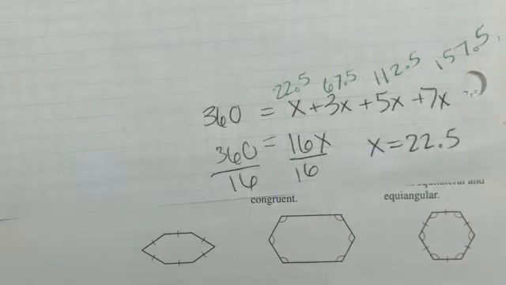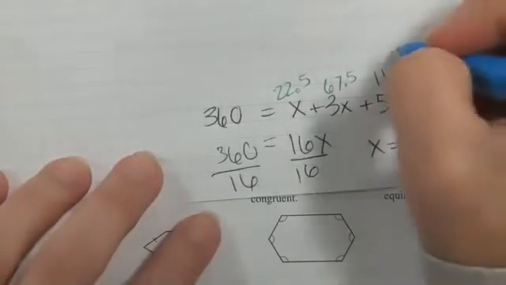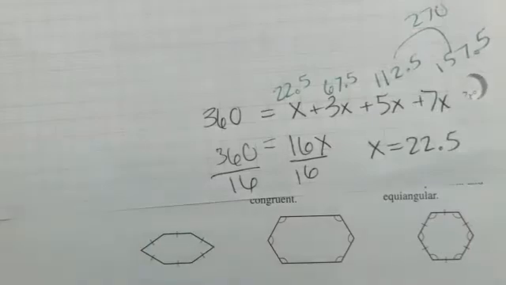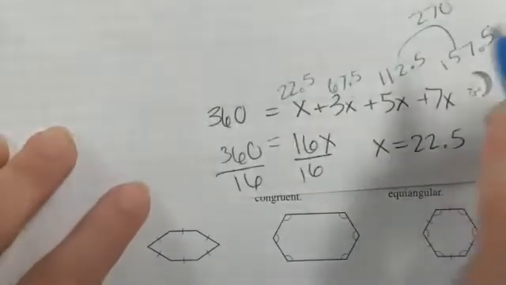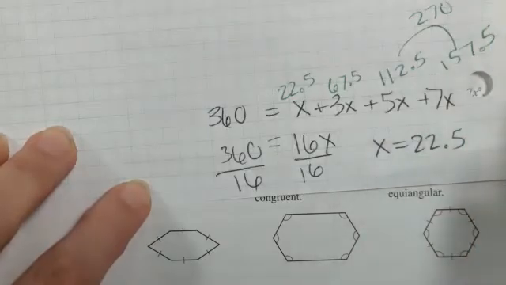So we can say 157.5 plus 112.5, all right, these two together are 270, plus 67.5, plus 22.5, and we have arrived at 360.